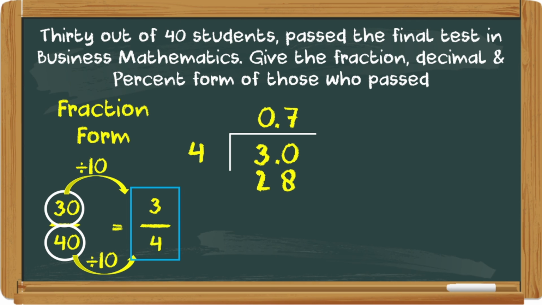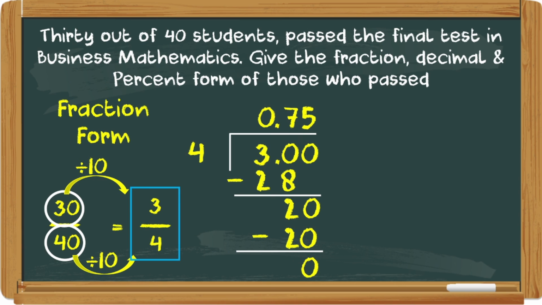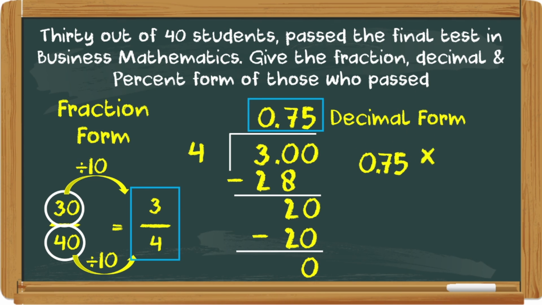Subtracting 28 from 30, we'll have 2. So we need to add 0 again. So bring down. So we have now 20 divided by 4, that is 5. 5 times 4, that is 20, and we'll stop there, giving us the decimal form, which is 0.75. And looking for the percent form, we have 0.75 times 100 will give us 75%.